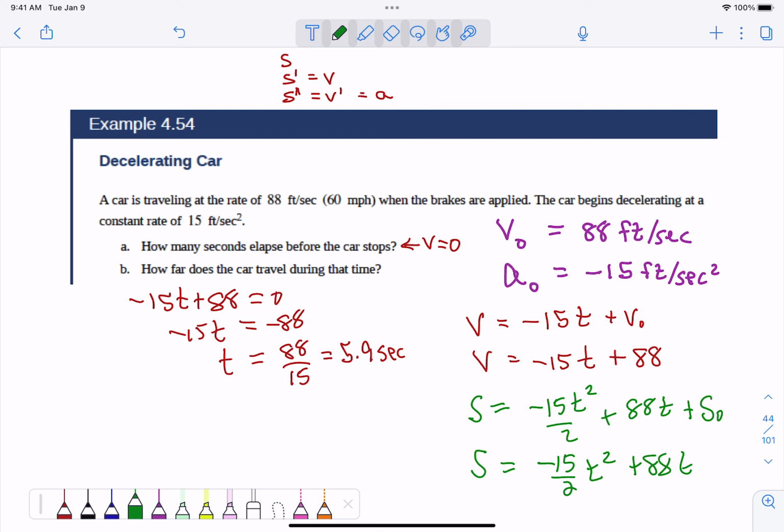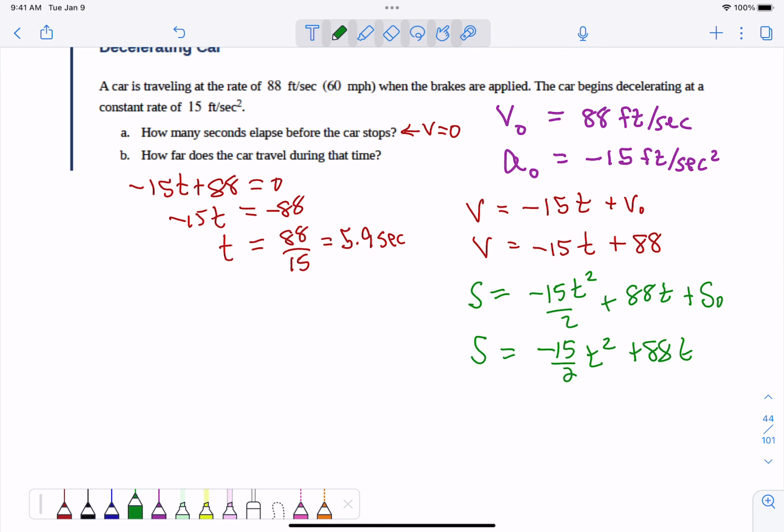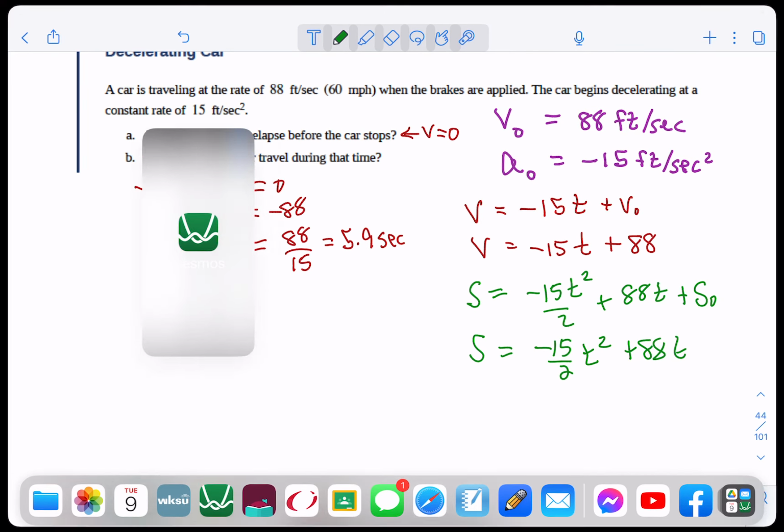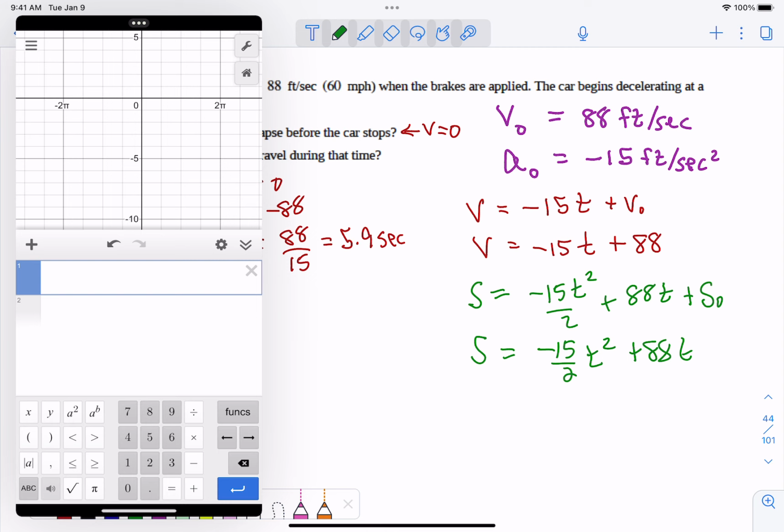Okay. So we know at 5.9 seconds what's happening. So if we think about the equation, and I'm going to put x's in just so that Desmos knows what I'm talking about, of negative 15 divided by 2 x squared plus 88x. And I am going to look at it just between 0 and 5.9.